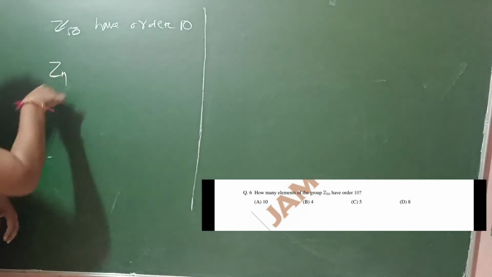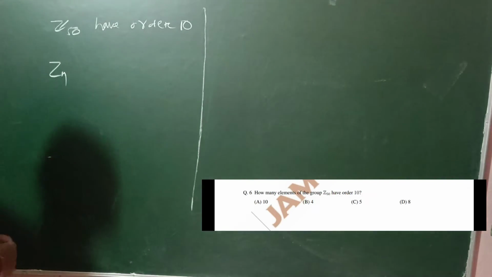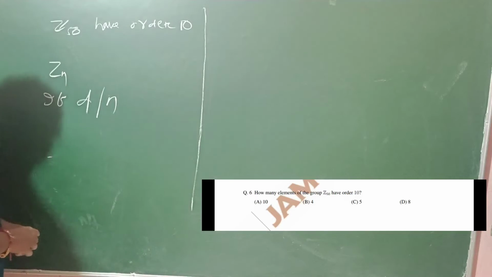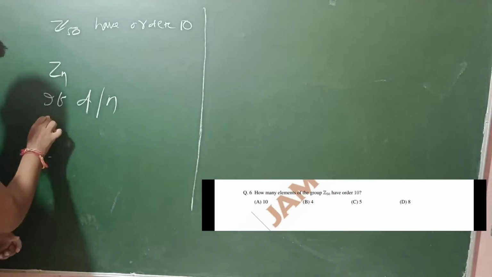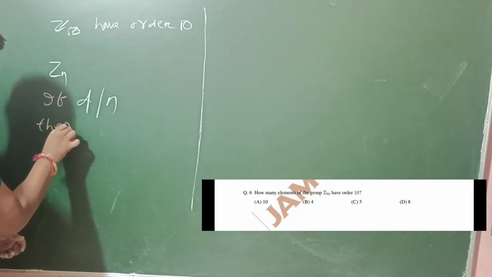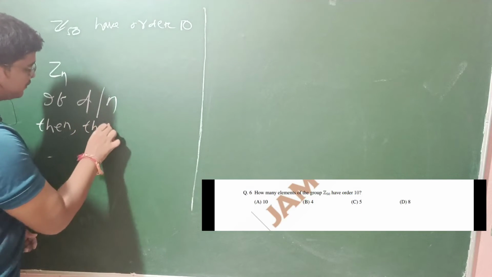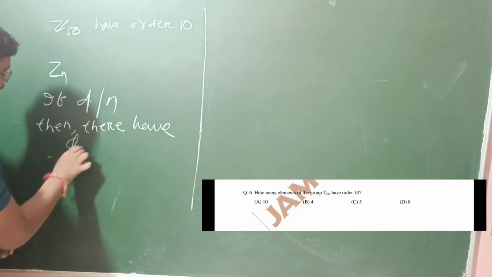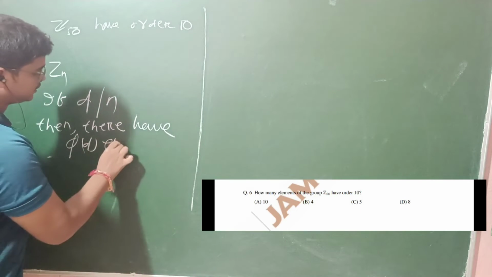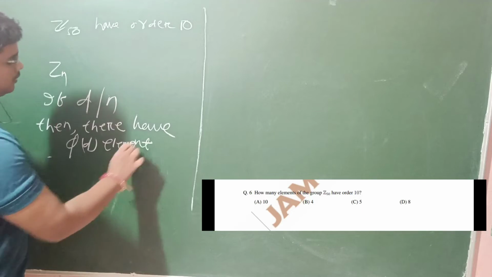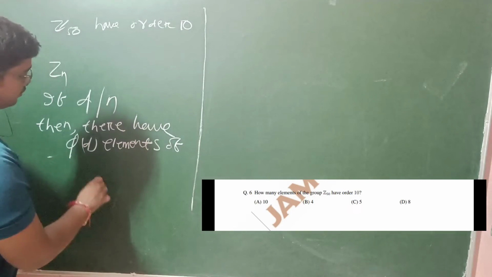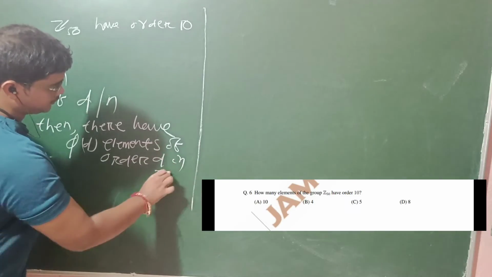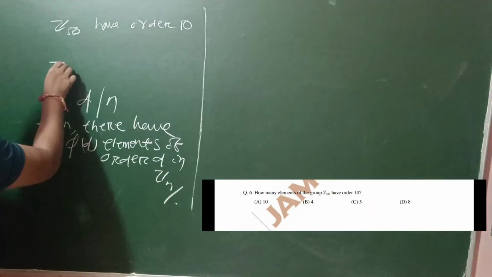We have to remember this thing: in Zn, if D divides N, then there are phi of D elements of order D in Zn.